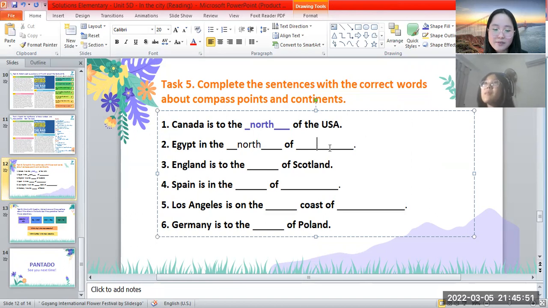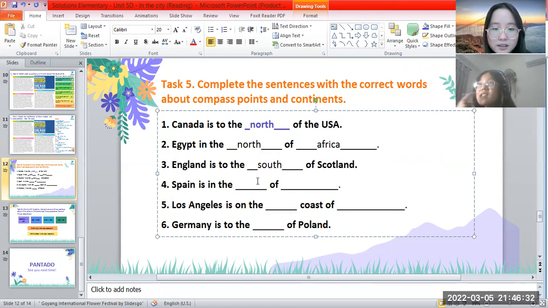Egypt is in the north of Africa. England. North or south? No. England is the north of Scotland. England is in the south of Scotland.